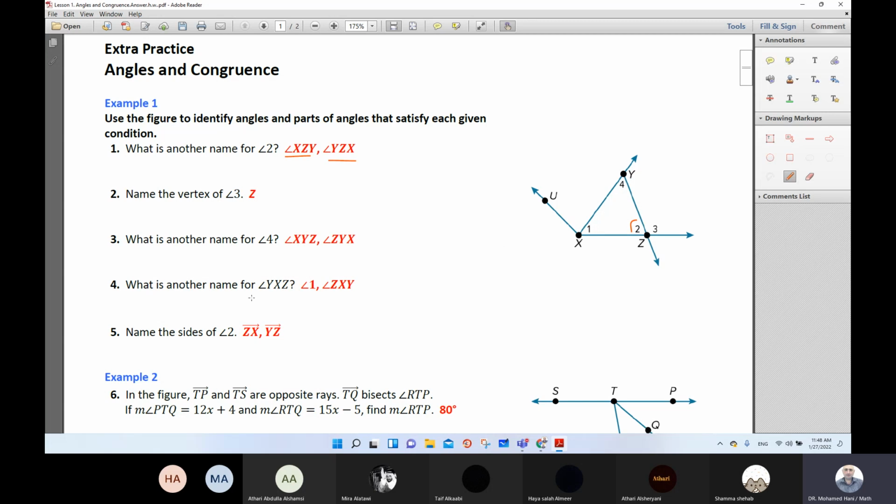What is another name for angle 1? We can name it YXZ, or ZXY. Name the sides of angle 2. This is angle 2, between the two sides, this side and this side. Here, YZ and XZ.